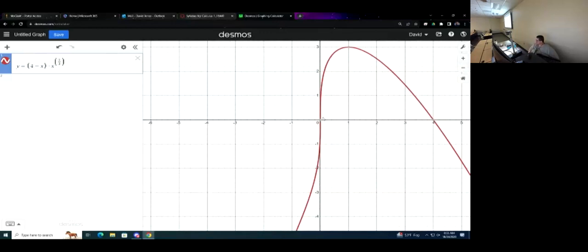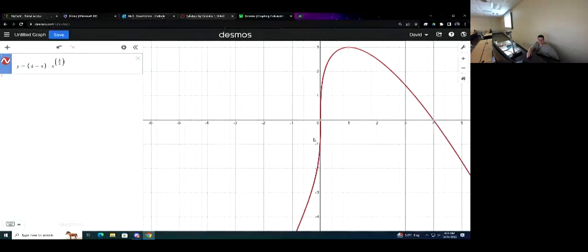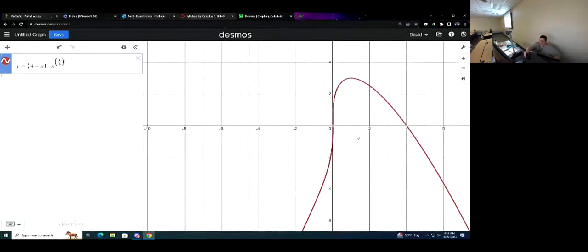We saw the derivative didn't exist at x equals 0, so we should have had a vertical tangent there. And we do. I missed that fact on my paper.